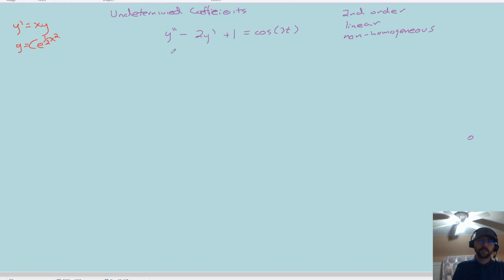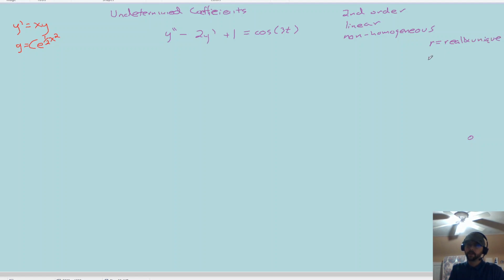Then the other thing is, for the first part of this, when we solve it as if it were homogeneous, there are 3 different types. We're going to be finding this value r. You have where r is real and unique, where the values of r are real and unique.